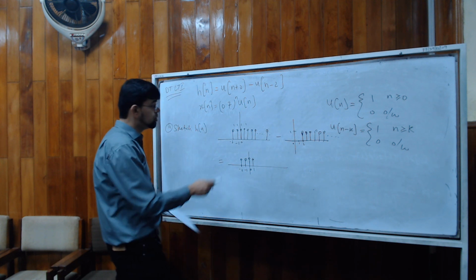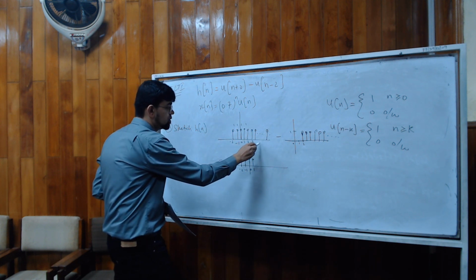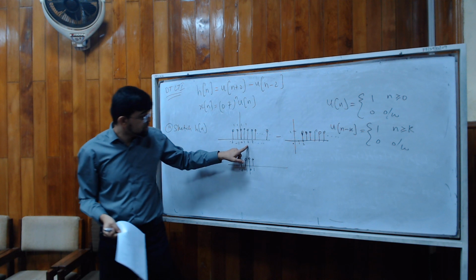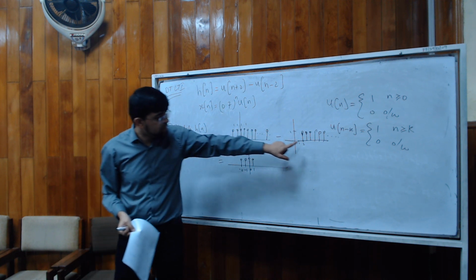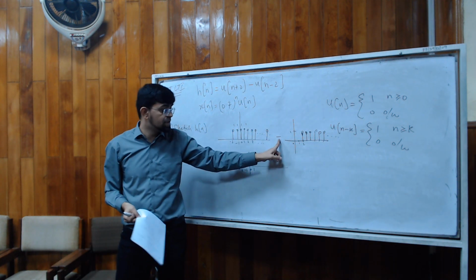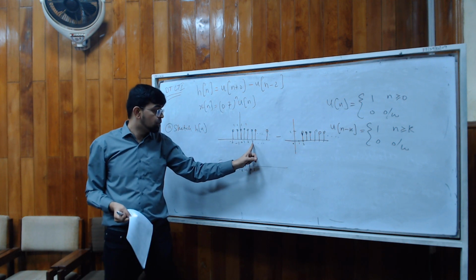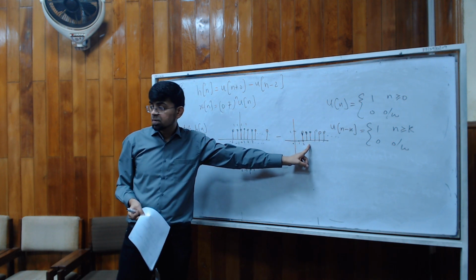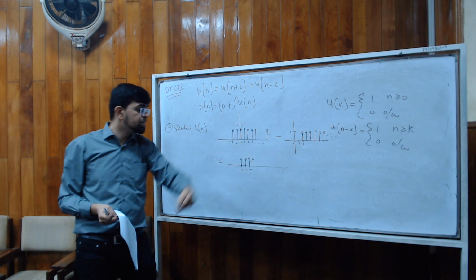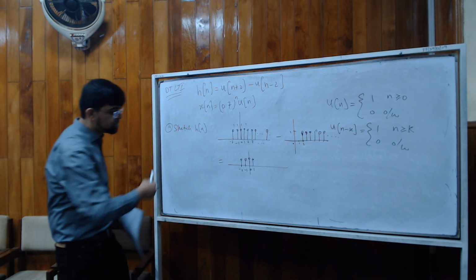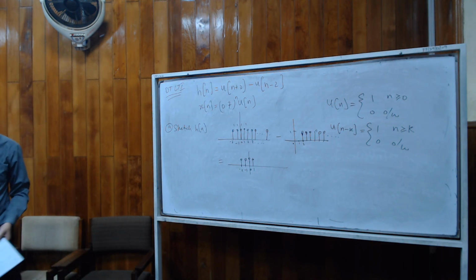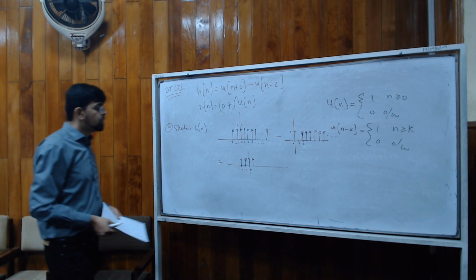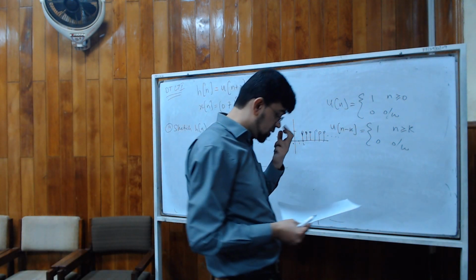But from 2, 0, 1, 2, 3 and so on, notice from 2 onwards there will be 1 minus 1, and 1 minus 1 for n equal to 3 also. So they will all be subtracted out, and this is your impulse response. This is the impulse response that you were asked to sketch.